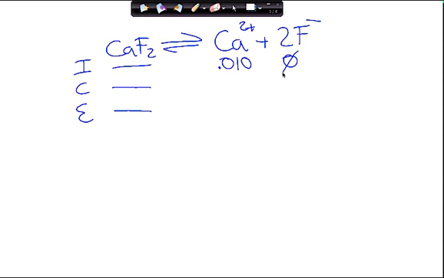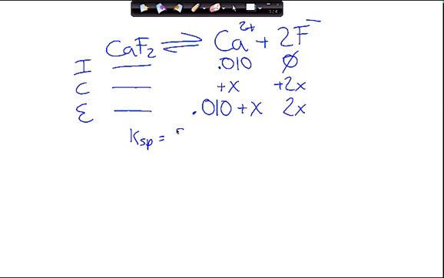Now, guys, what happens to the amount of calcium present as some of the calcium fluoride does break apart? It goes up by X. What happens to this? It goes up by 2X. So now we've got the concentrations: 0.010 plus X and 2X. So now we need our Ksp expression.